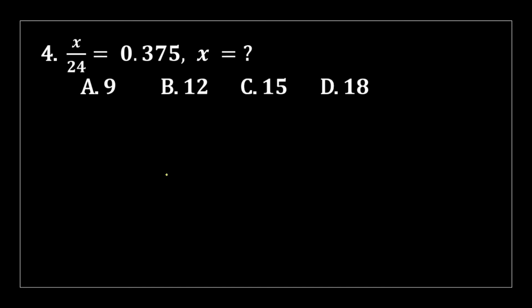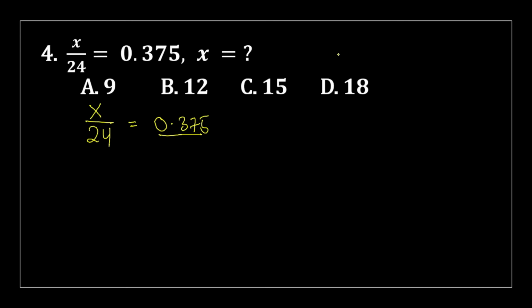Number 4, x over 24 is equal to 0.375. So let's find the value of x. First, let's write the equation we have. x over 24 is equal to 0.375. Now to get the value of x, it would be easy for us to change this into a fraction.